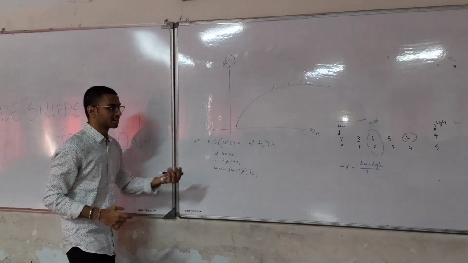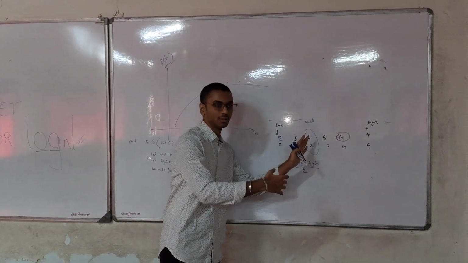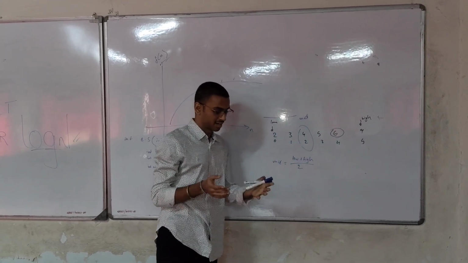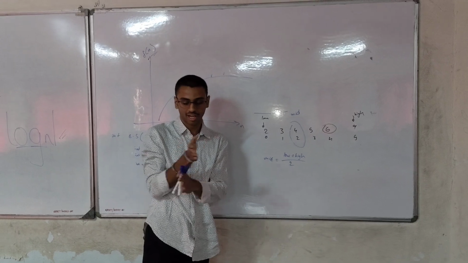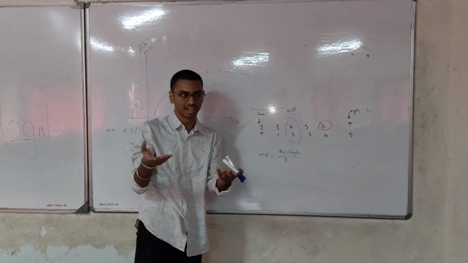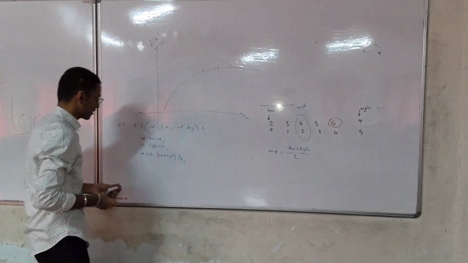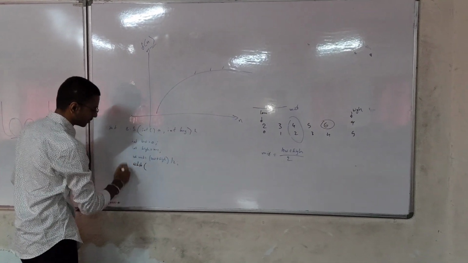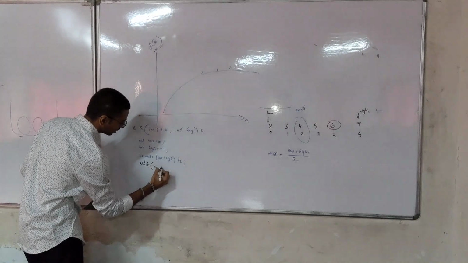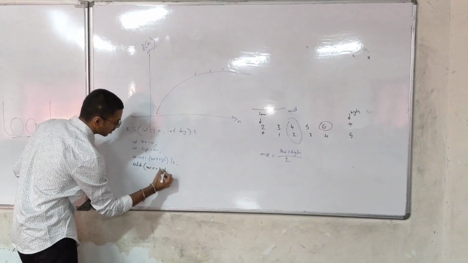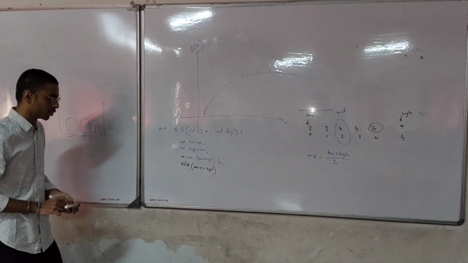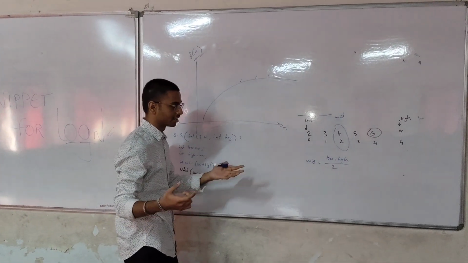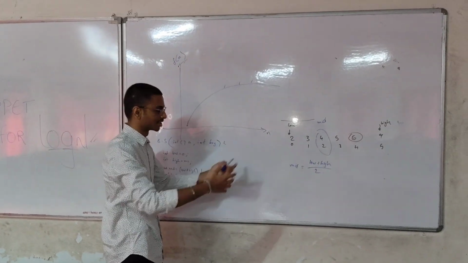I just keep increasing the low and decreasing the high. There will be a point where the low and high cross each other, which means that I didn't find my element. So this is the main logic: while low is less than or equal to high, I'm going to compute the mid value and check if the element inside the mid is equal to the key I'm searching for.